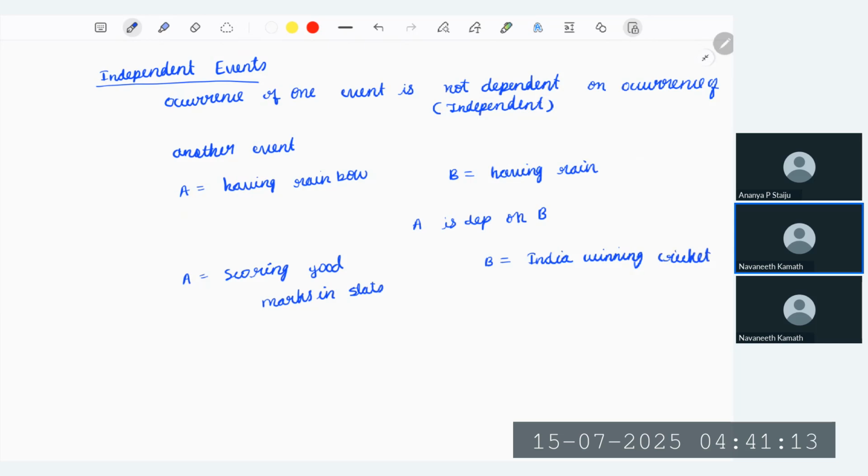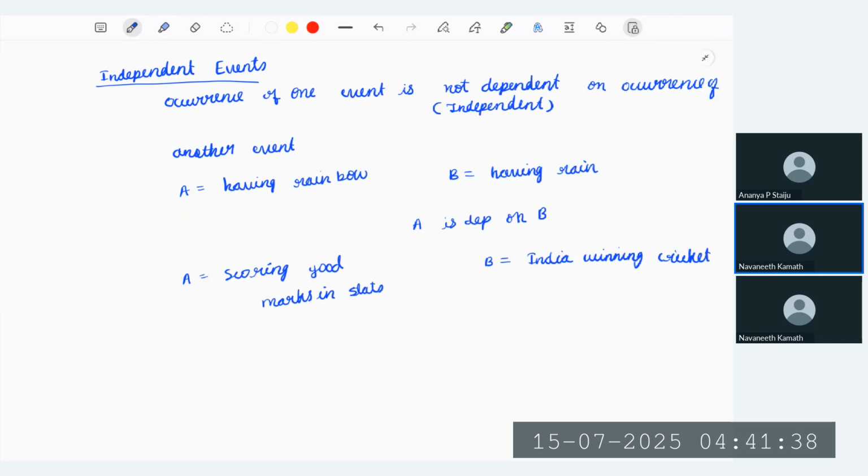Are these two things dependent? I don't know whether it is dependent for you or not. I don't think so. If India wins the cricket, you will not study, or something like that. If that is the case, then it is a dependent event. Else, it is an independent event. It is all perspective. I hope you got what I want to say here.